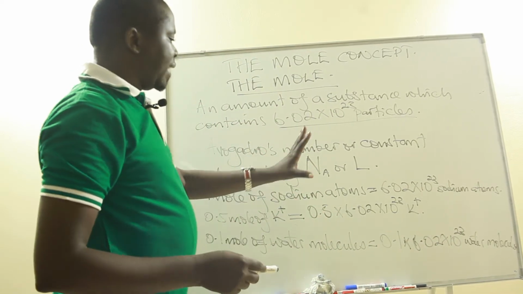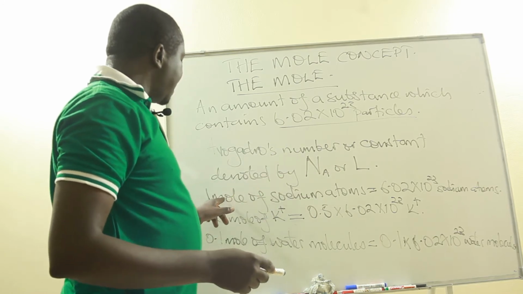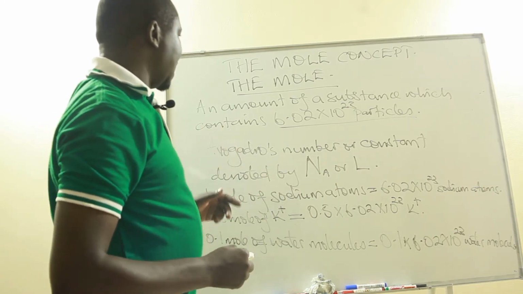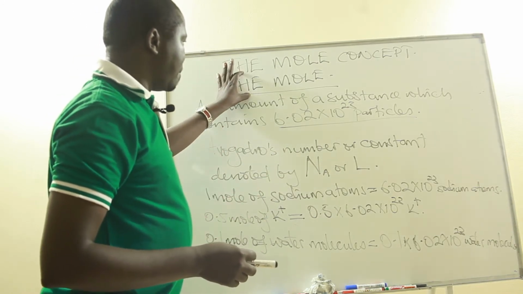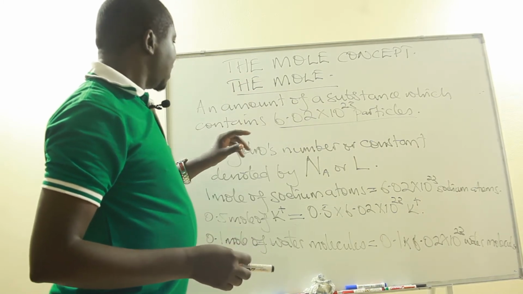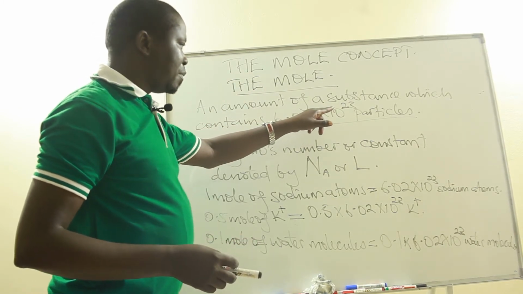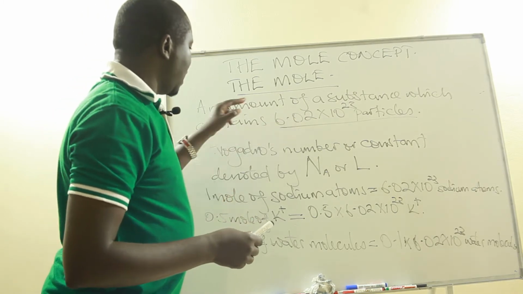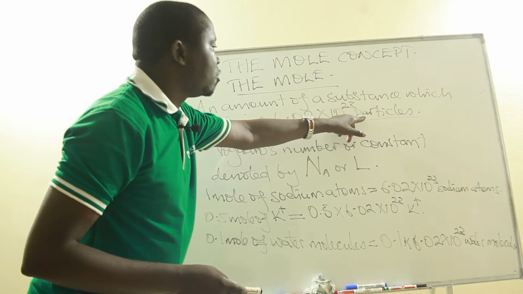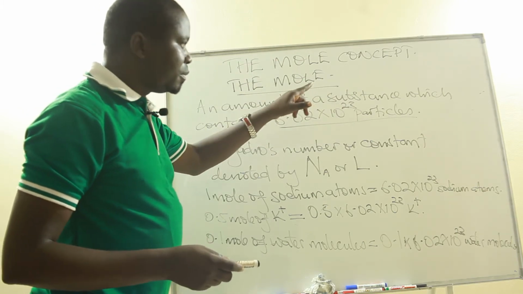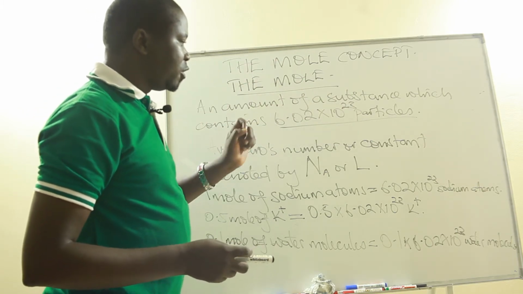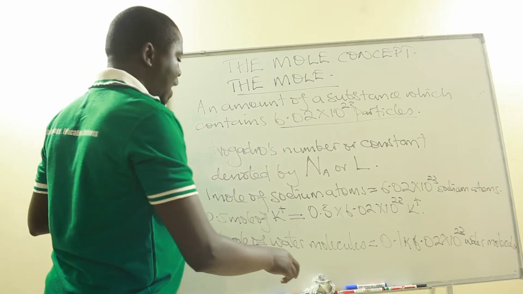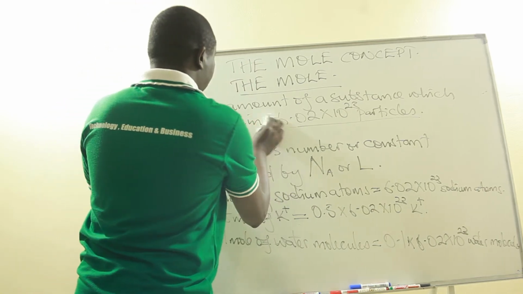So that is how we can get the number of particles in some number of moles of substances. So that's what we call a mole: an amount of a substance which contains 6.02 times 10 to the power 23 particles, and that number is what we call Avogadro's number. These particles can be atoms, ions, molecules or electrons.